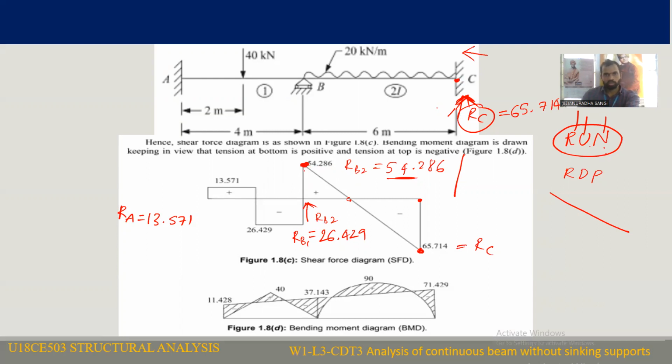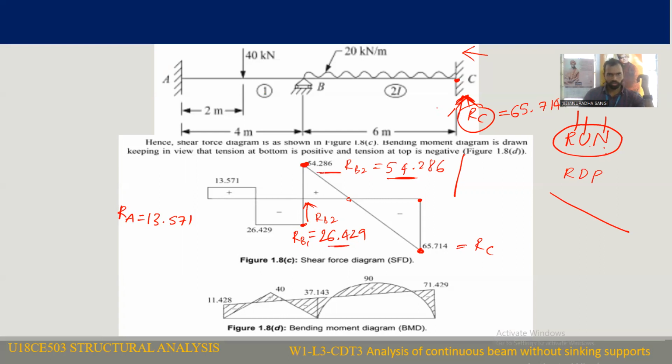Another force is there: moving forward, you are going to get RB1, that is 26.429. Similarly, if you draw for this beam, you get the variation of the shear force diagram. At RB1, 26.429 is acting as a negative value.